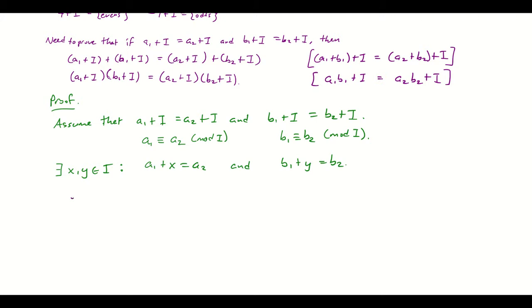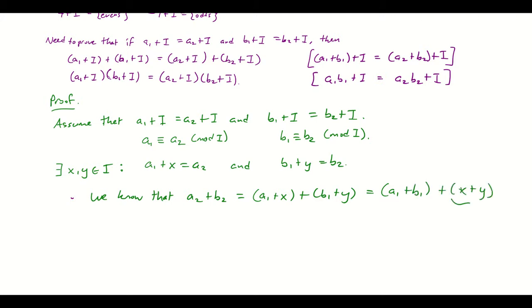We know that a2 plus b2, just using substitution, is equal to a1 plus x plus b1 plus y. And then rearranging, using the commutative and associative properties, that's the same as a1 plus b1 plus x plus y.